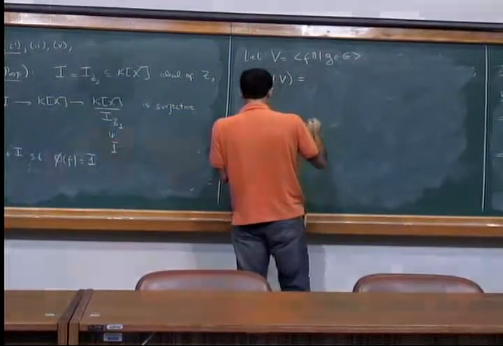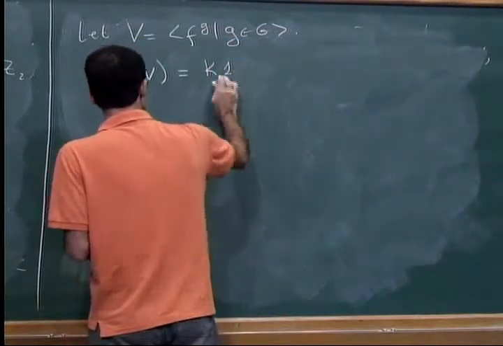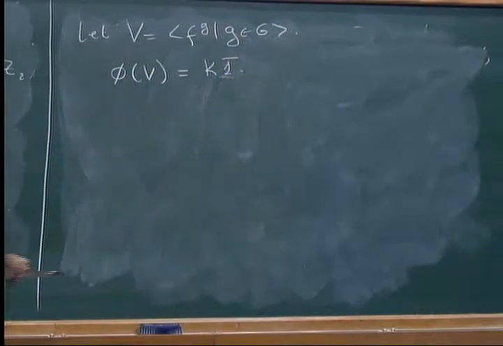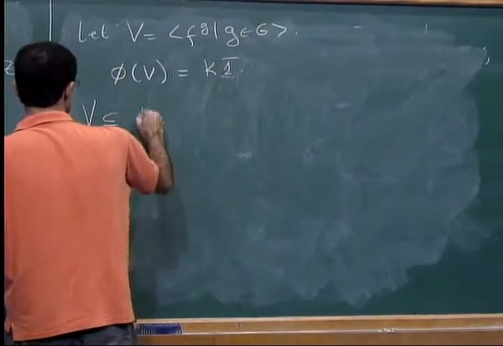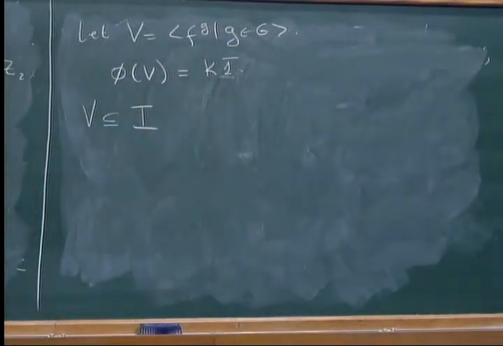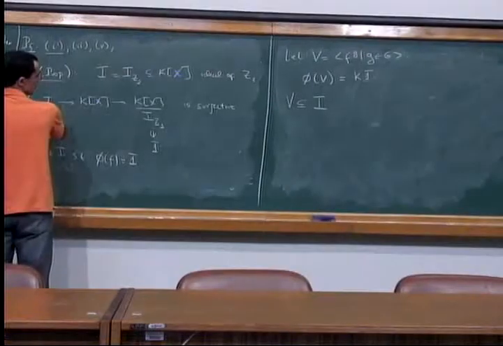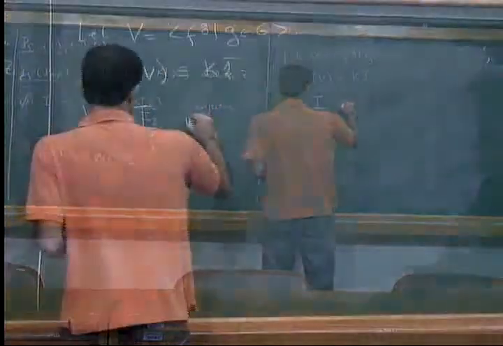Anyway, so this goes to 1. Okay. So again, we have this linear functional on this finite dimensional space, which is invariant. So V is inside I. It's inside I because Z2 is invariant. So a function that is 0 on Z2, its translates are 0 as well. Okay, this is invariant.